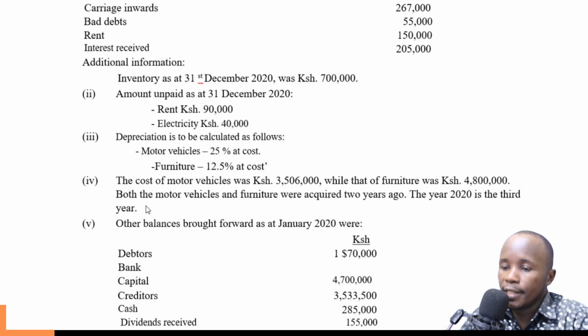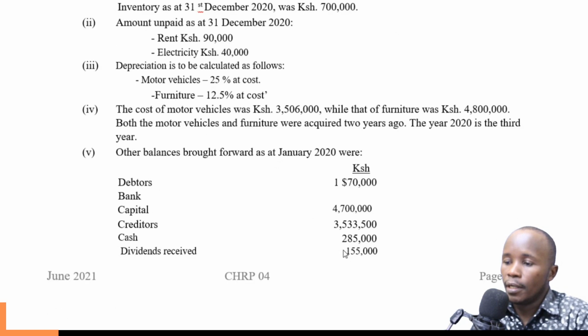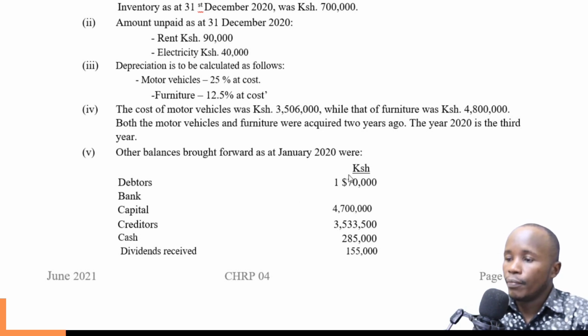Now, other balances that were brought forward as at January 2020, we have debtors, 1,870,000. We have bank, that bank figure there is missing.